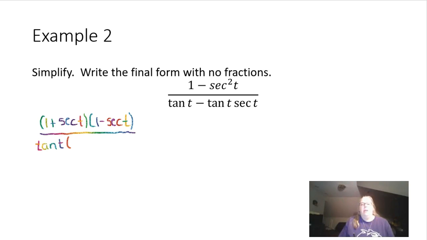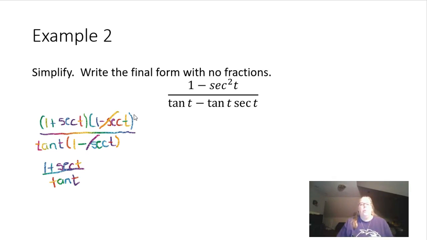And that's going to leave me with 1 minus, and when the tangent's gone, I'm just going to be left with the secant there. Okay, now my fraction will reduce because I have a 1 minus the secant in the numerator and in the denominator. So let's cancel these out. That's going to leave us with 1 plus the secant of t over the tangent of t.